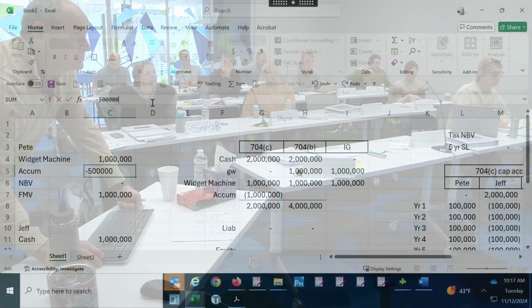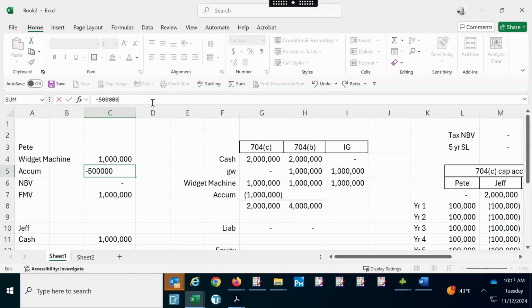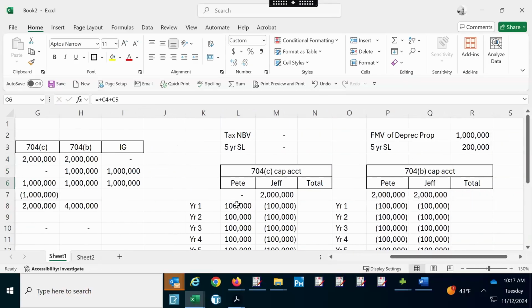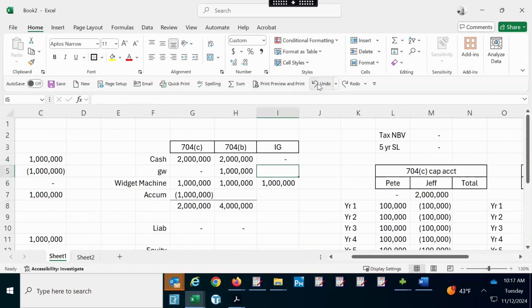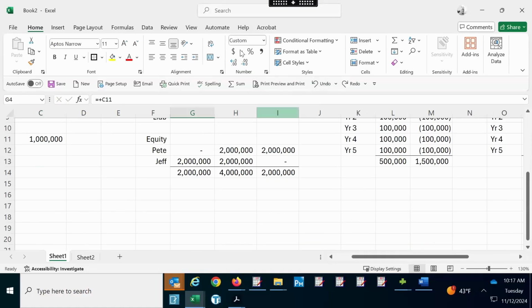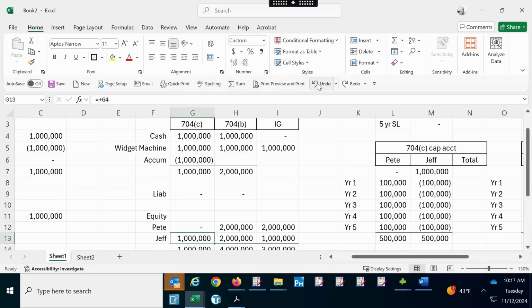So let's go back to this, and let's say that my net book value is 500,000. Which means that if that's the case, let's do some undos here. Does that give me the right spot? Nope. Does that give me the right spot?